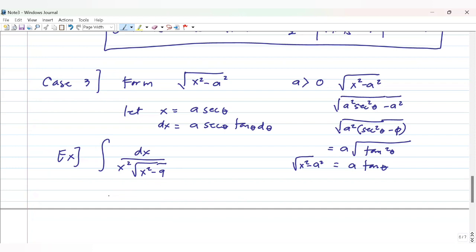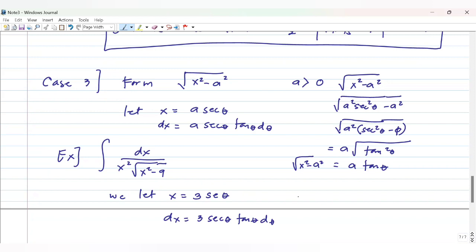We let x equal to what? What is our a? a is 3, right? Because a squared is 9, square root of 9 is 3. So we have x equal to 3 secant of theta. Our dx therefore is equal to 3 secant of theta tangent of theta d theta.